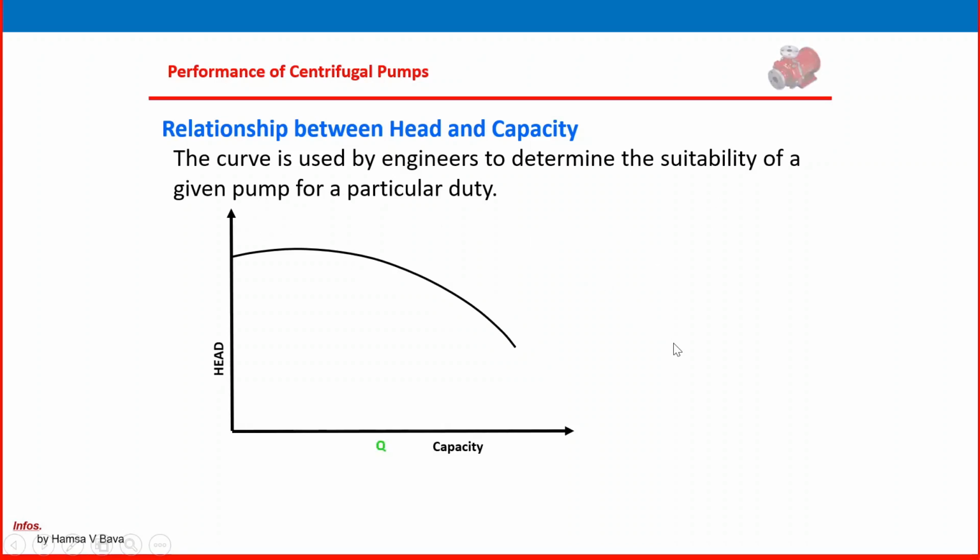It is Q versus H, that is, head versus capacity. This is the optimum condition, and it can vary in various stages. Here the capacity Q is decreasing and the head is slightly increasing.